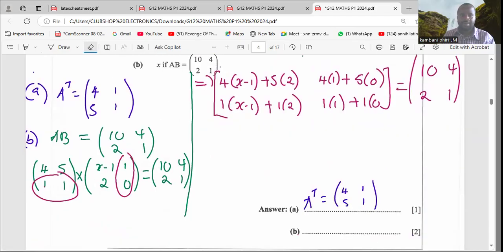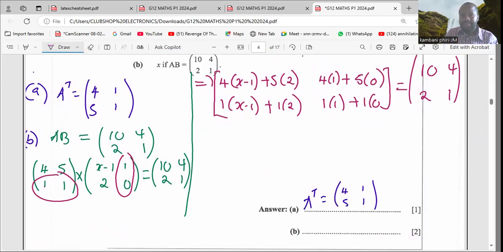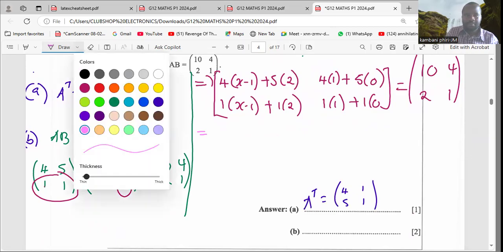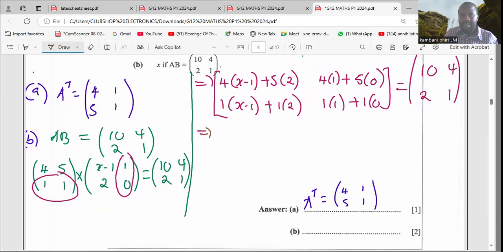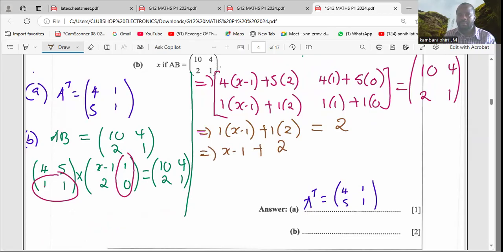So I can pick 1 times x minus 1 plus 1 times 2. The answer must be equal to 2. 1 by x minus 1 is x minus 1 plus 2. This is equal to 2.